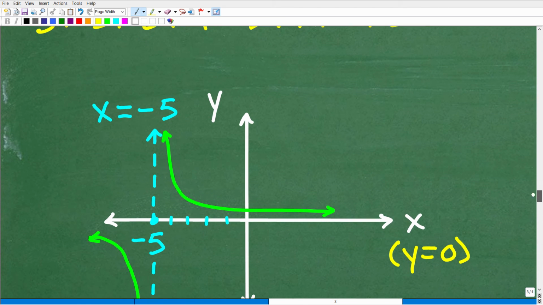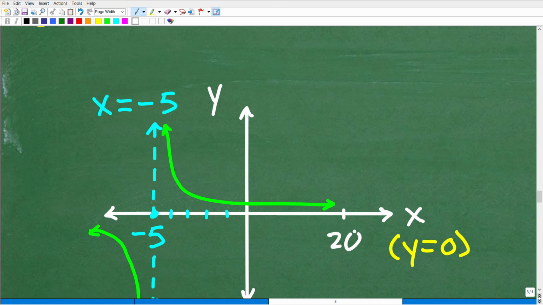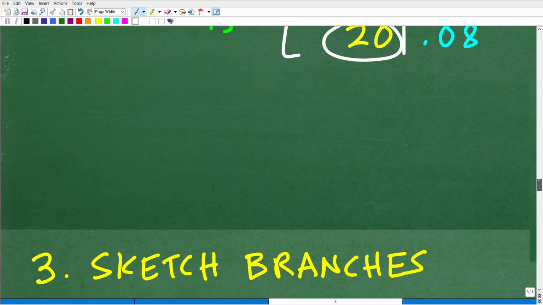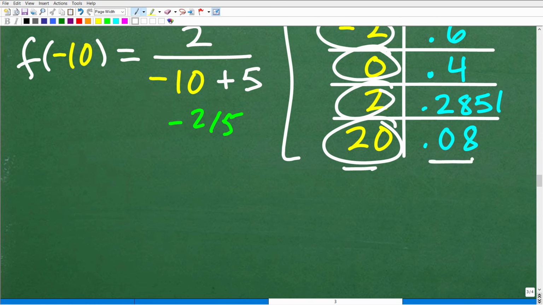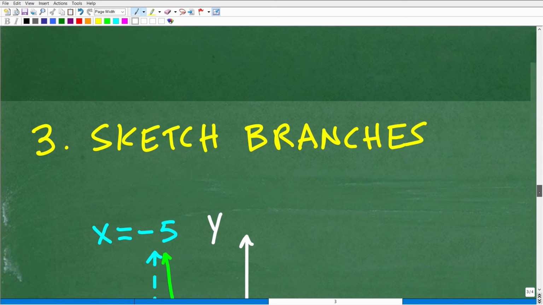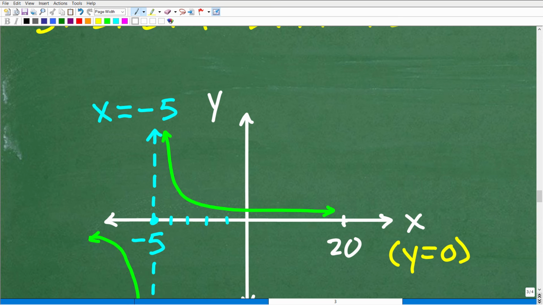Like way over here when x was 20, right? I think I had that on my table. So when x is 20, y is 0.08. So way out there on the positive x-axis, at 20, y is very, very small, right? So this indicates that this branch is getting really, really close to the x-axis.